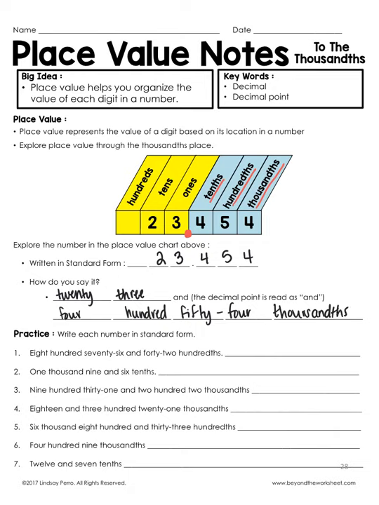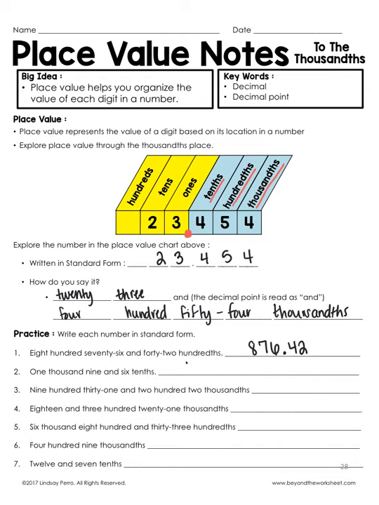So we're going to practice writing a few going from word form to standard form. Here we have 876 and 42 hundredths. I have 876, that's normal, and the and tells me that's where my decimal point goes, and then 42 hundredths. Next, 1009 and 6 tenths.